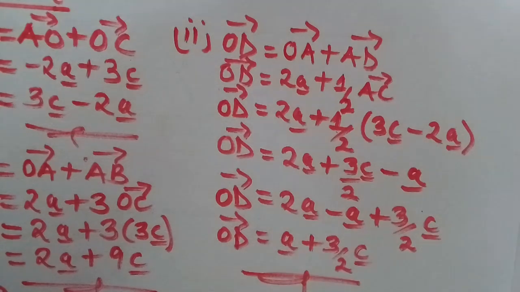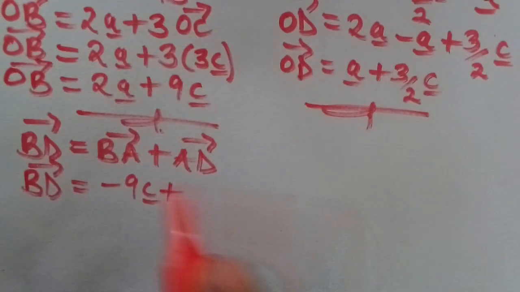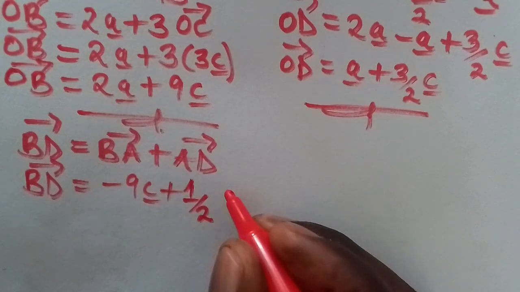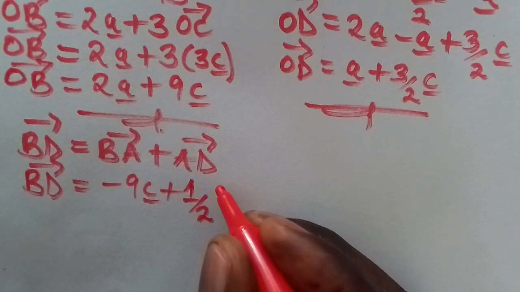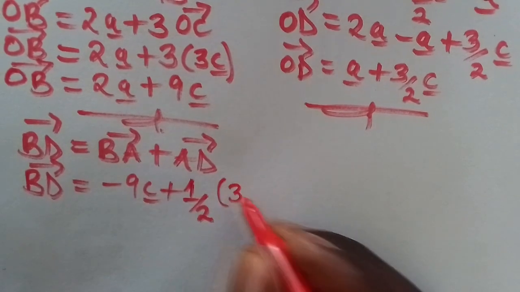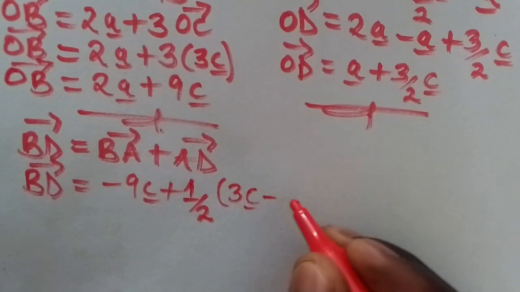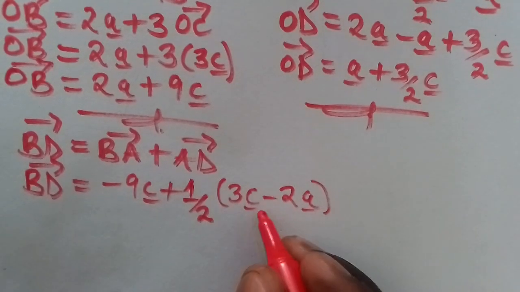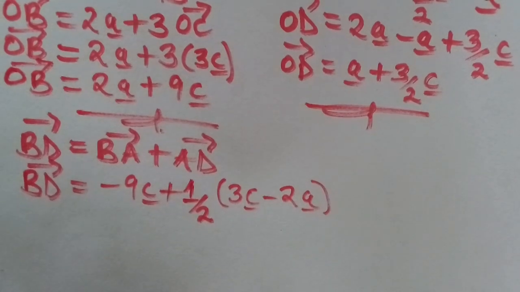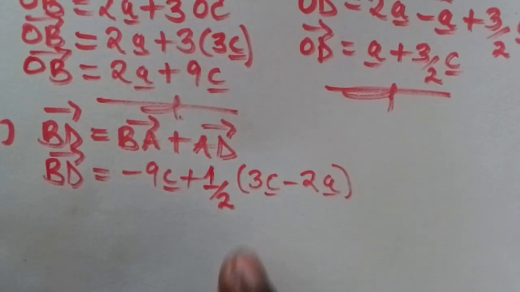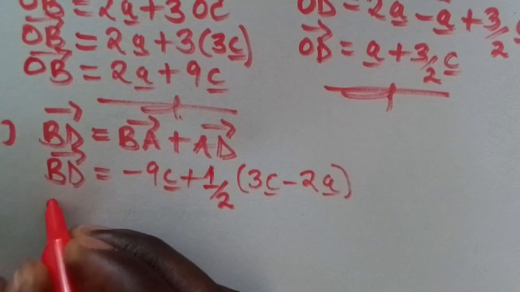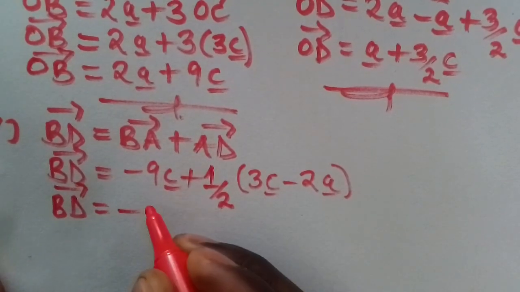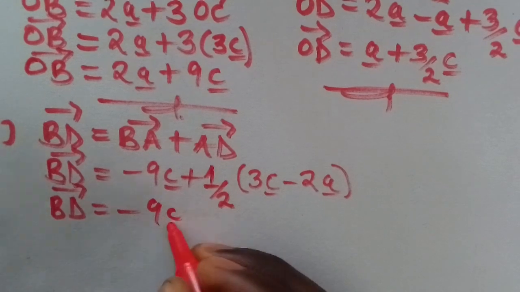So we're using the same concept. This is half of AC, and AC is given as 3C minus 2A. So 3C vector minus 2A vector. Then working out this multiplication, first of all you write BD vector is equal to negative 9C.